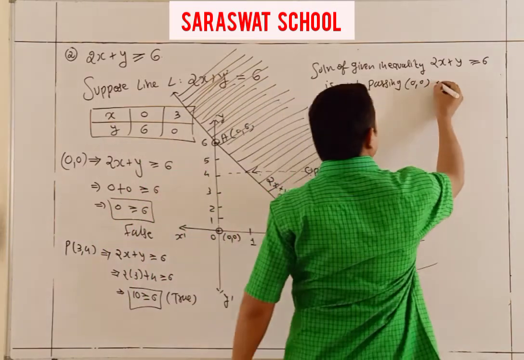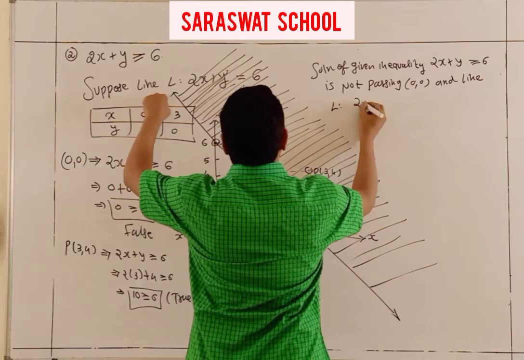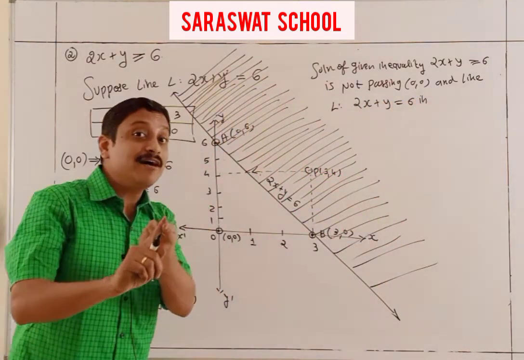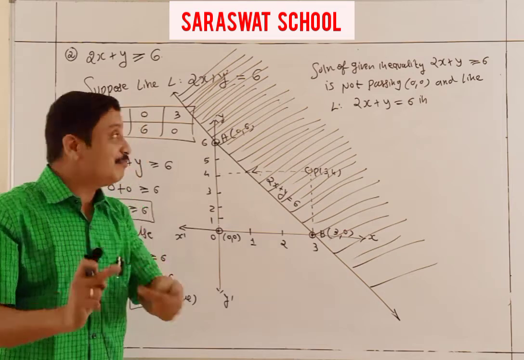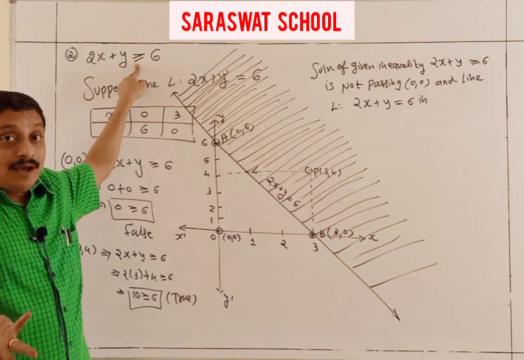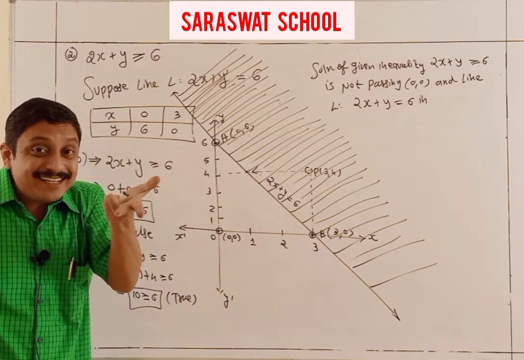And the line. What is the line here? 2x plus y is equal to 6. Open half plane or closed half plane? Greater than or equal to means closed half plane, and if only greater than is printed, or only less than is printed, then it is an open half plane.